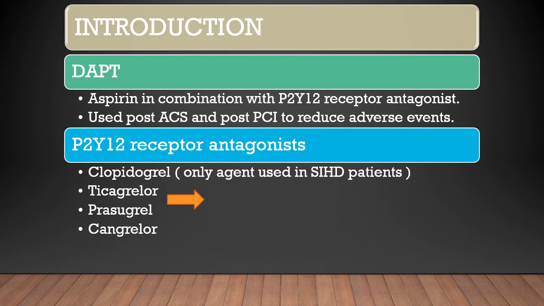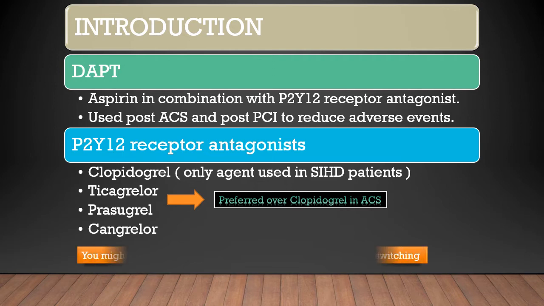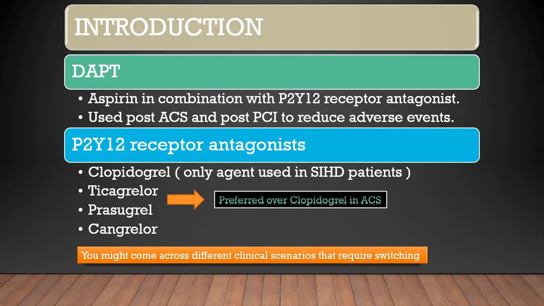From the guidelines, we also know that ticagrelor and prasugrel are the preferred agents over clopidogrel in acute coronary syndromes. You might come across different clinical scenarios that require switching.